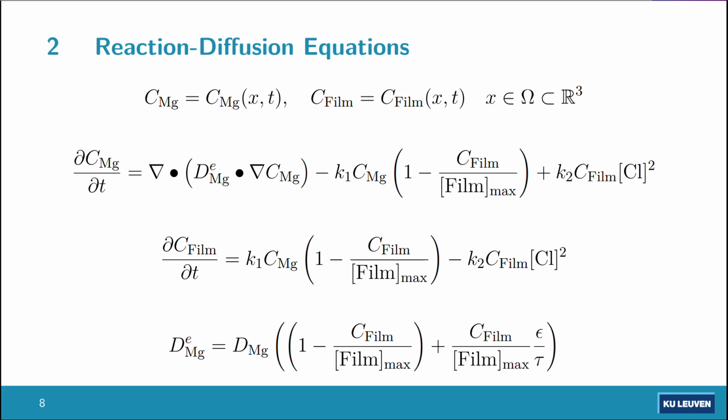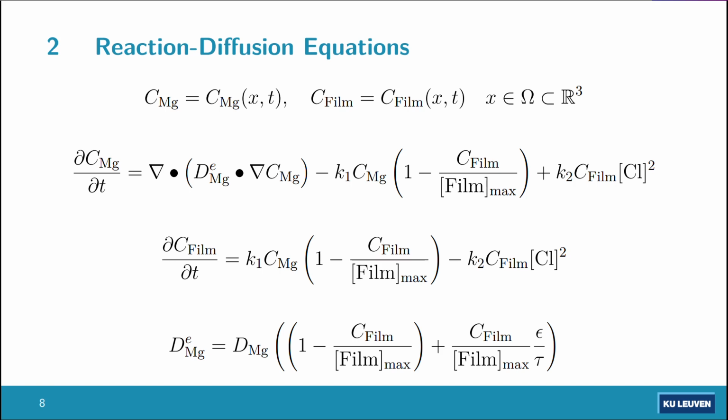In order to construct a mathematical model out of the chemical model, we define two state variables here, the concentration of magnesium and the concentration of film in the 3D space, and we define two reaction diffusion equations, PDEs, for these two state variables that contain diffusion terms for the magnesium, also reactions for both PDEs, and we define the saturation terms for penalization of the magnesium concentration as an effect of the presence of the film.